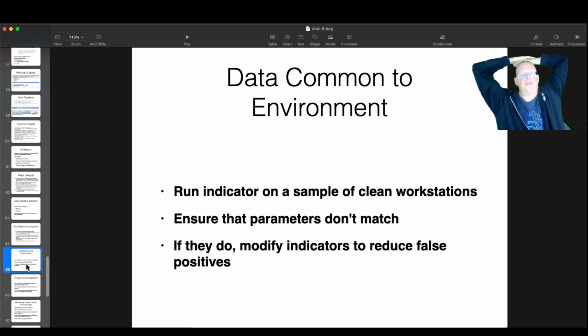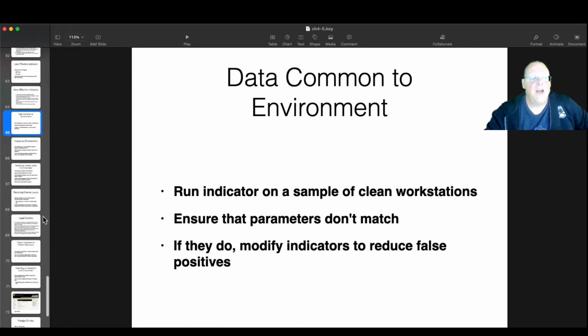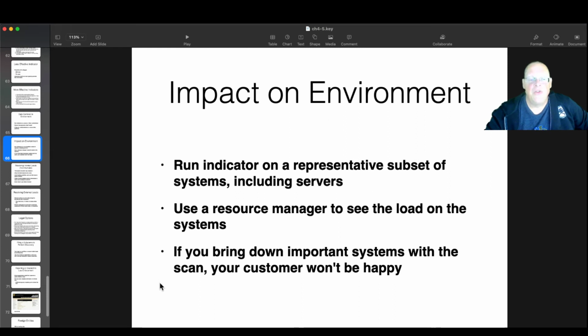All right, so you run your indicator on a clean workstation. Make sure that it does not trigger on a clean workstation. If it does, then obviously you need to improve your indicators of compromise so they do not have false positives. Then you have to make sure that it doesn't burden the system too much to run your script.